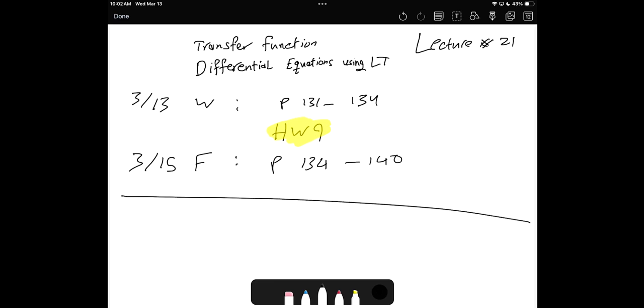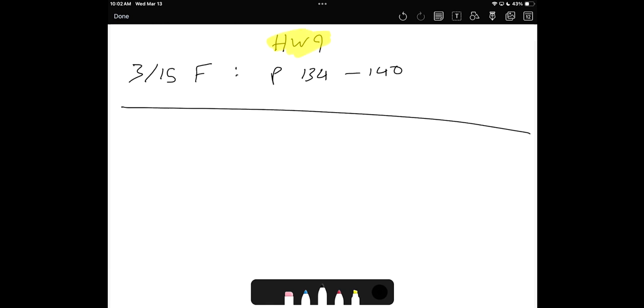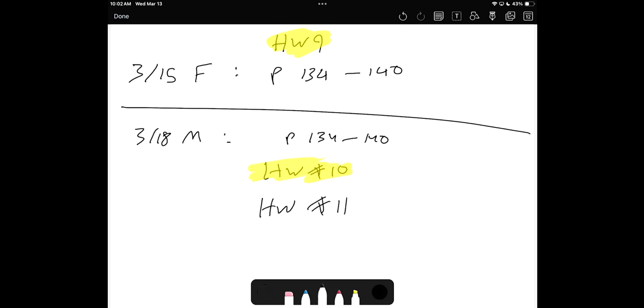Next week, our plan will be on Monday. The readings are page 134 to 140, and it's the due date for homework number 10. And you will see also a due date for homework number 11 as well. But keep in mind that homework number 11, you don't need to submit.